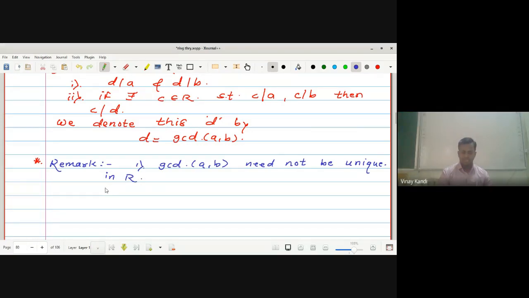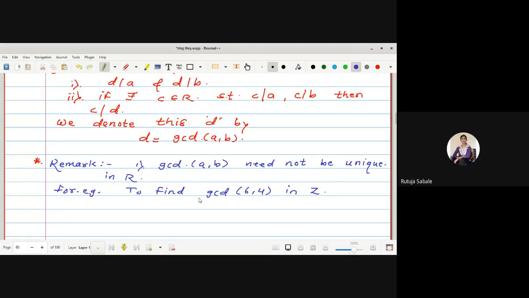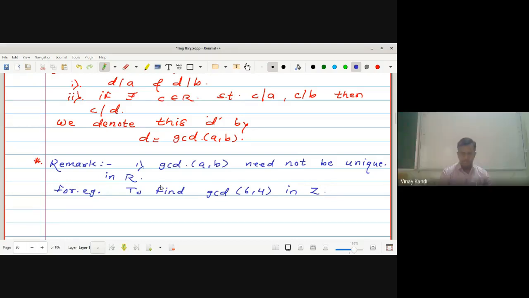For example, to find the GCD of 6 and 4 in Z, the ring of integers, it is 2. Here in Z the GCD of 6 and 4 is 2.